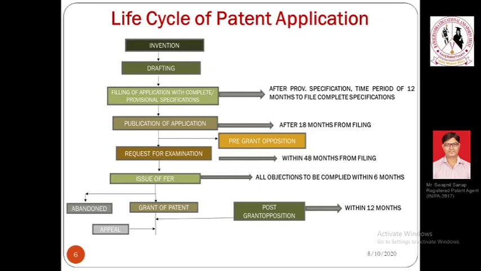Thus, this temporary driving license is a temporary, not permanent, kind of documentation that is given to you by the government RTO. Then within the next 6 months, you have to come back to the RTO, give a driving test, and based on that, the RTO decides whether you are eligible for a permanent driving license or not. Right? So this is a general life cycle of a driving license.